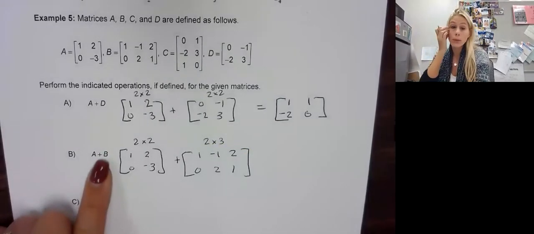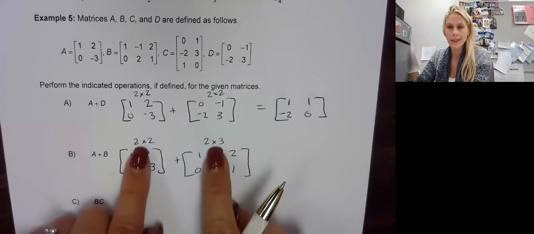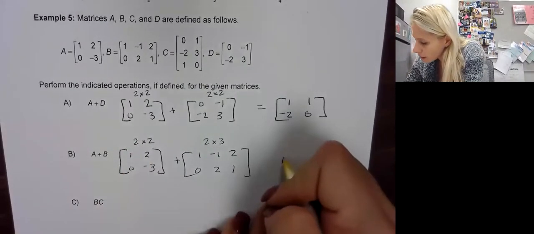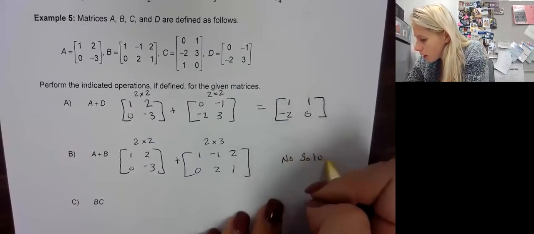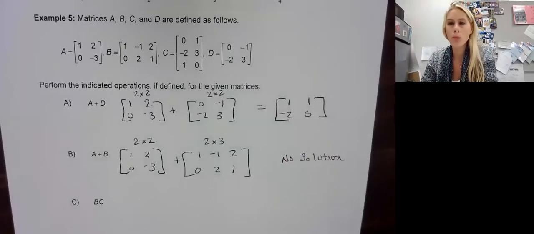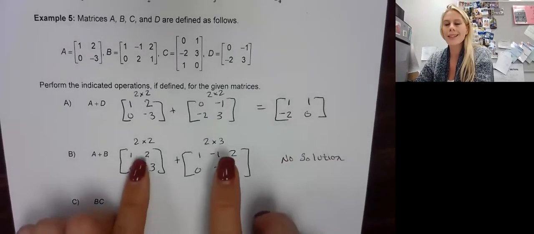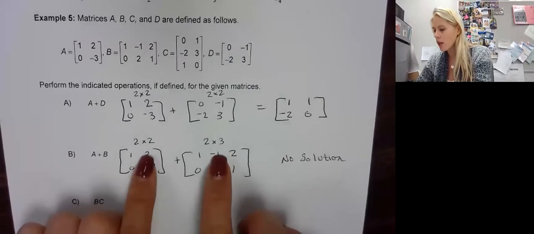Well, if this was multiplication, we could do it. But because it's addition and they have to be the same, we can't. So we're going to say no solution. Now, if your question asks you to explain why, you can say, because in addition, our dimensions need to be the same, and they are not here.